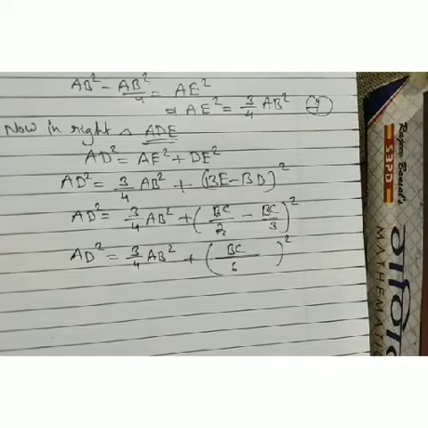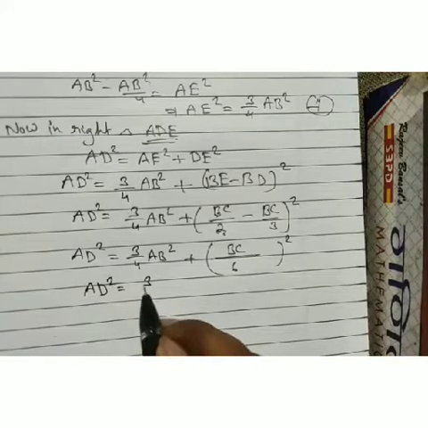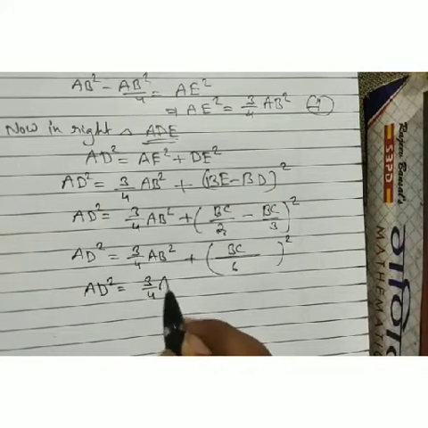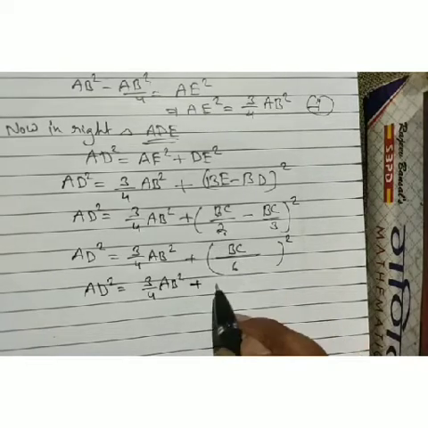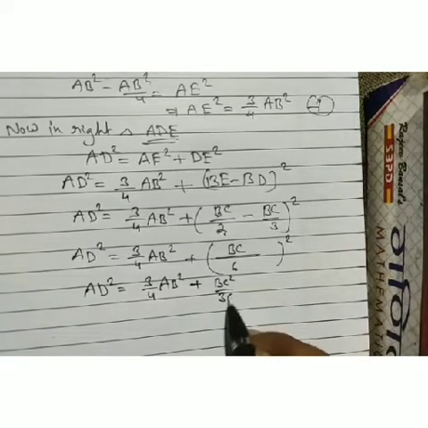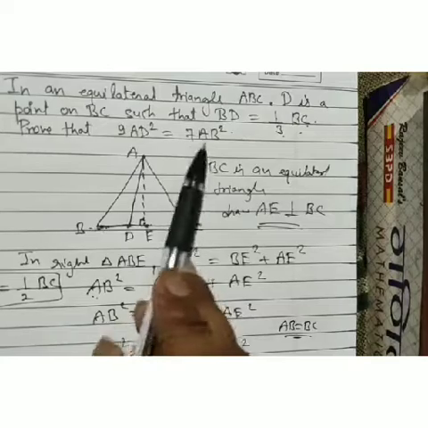Now what we have? We have AD square is equal to 3 by 4 AB square plus BC square by 36. Now we need AD square in terms of AB square, so we just need AB there.